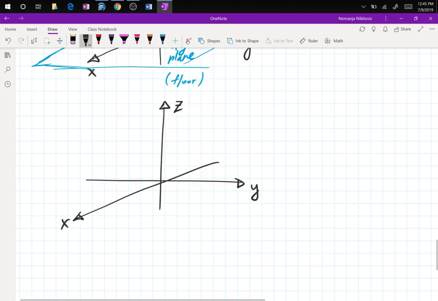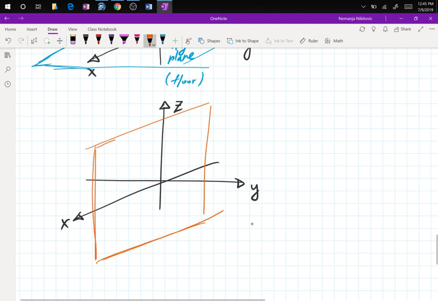If you want the xz one, let's go with orange. Well, we're done technically. I'm just going to draw this and we're done. So this plane is the xz plane. Guys, that's that wall over there.